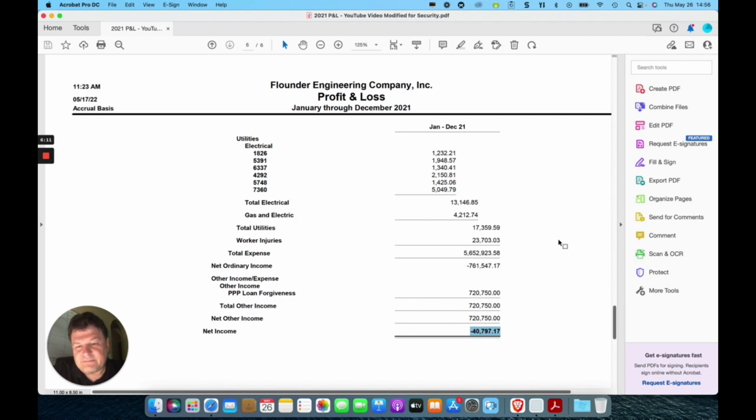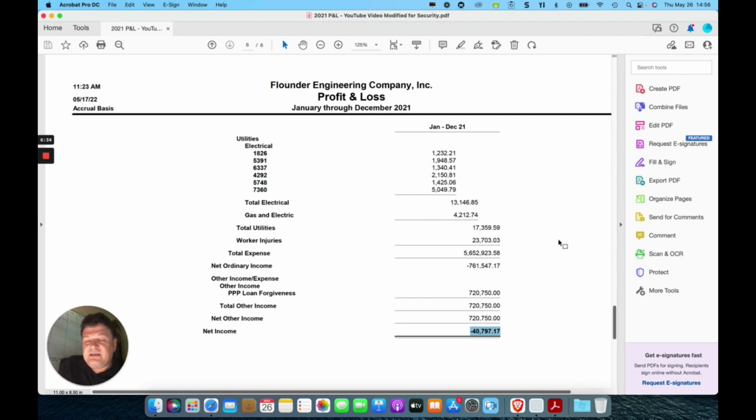It's unfortunate. But why does that happen? The reason that happens is because ownership is not doing their job. They don't know what they're doing from a cost structure standpoint. They're allowing things to happen that should not be happening. Should never be in that kind of position, especially if you have an engineering company.